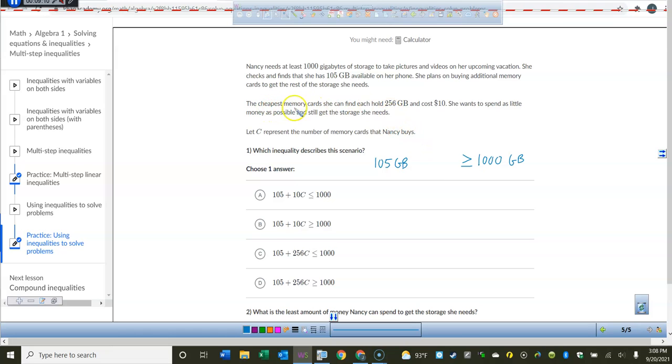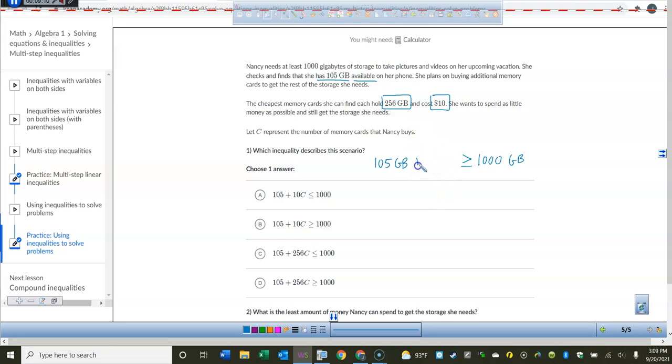And the cheapest memory card she can find holds 256 gigabytes and costs $10. She wants to spend as little money as possible and still get the storage that she needs. She already has 105 gigabytes free.